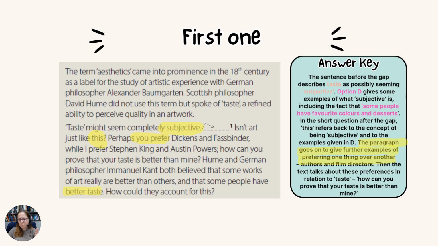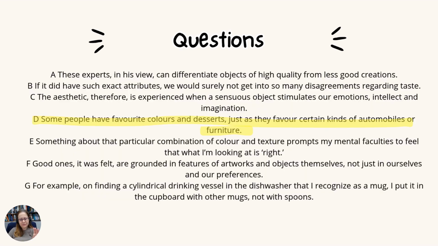In this case, we have subjective, we have taste, and we have what you prefer, this one or the other one. It says some people have favorite colors and desserts, just as they favor certain kinds of automobiles or furniture. So definitely what we're going to choose is D.